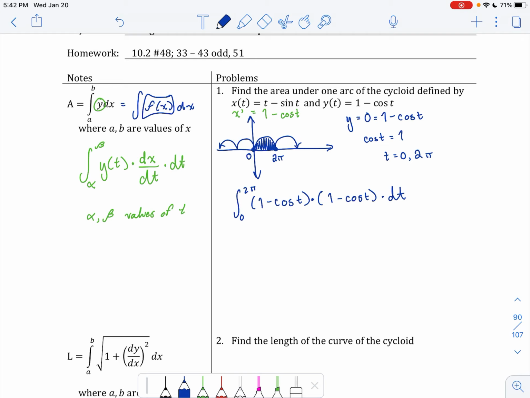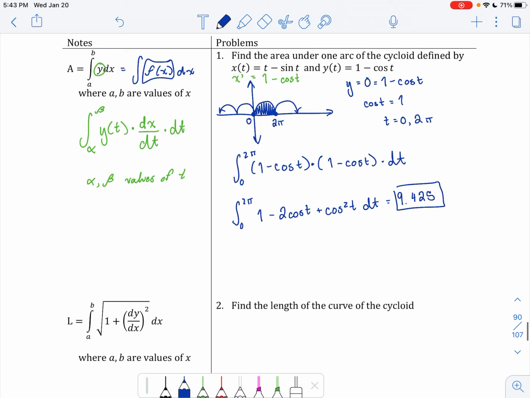What I would do in this case is expand it out, and I get the integral from 0 to 2 pi of 1 minus 2 cosine of t plus cosine squared of t dt. We can solve this with substitution. Everything else is pretty straightforward with differentiating. I am going to jump ahead to the answer if you would like to check yourself. To keep this video from being too long, we end up with the area under that curve being 9.425.